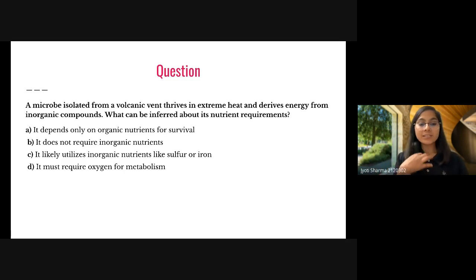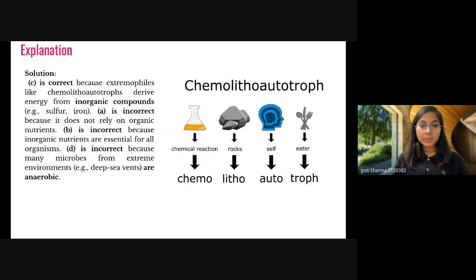So it doesn't need oxygen. It may or may not need oxygen, but it may utilize energy from inorganic nutrients. So let me show you. This will come under chemolithoautotrophs. Chemolithoautotrophs means a chemical reaction will happen, and they live in the rocks, that's why litho.